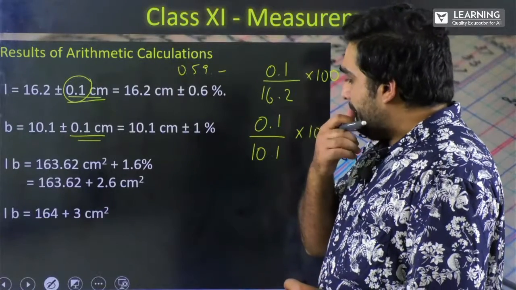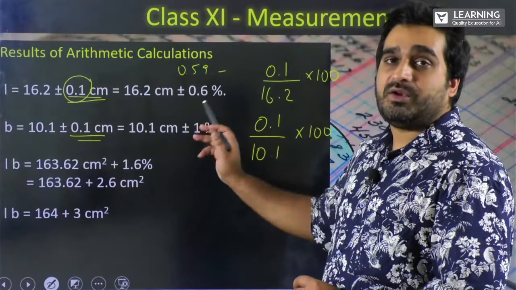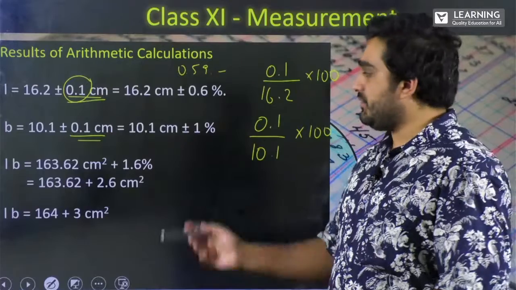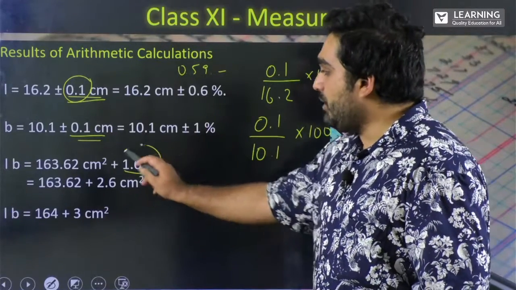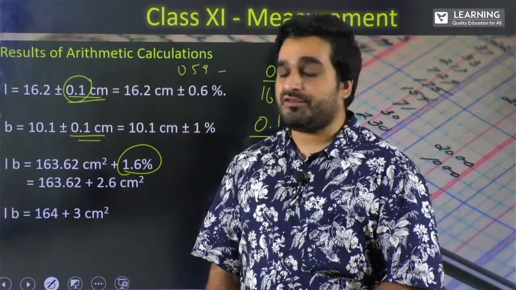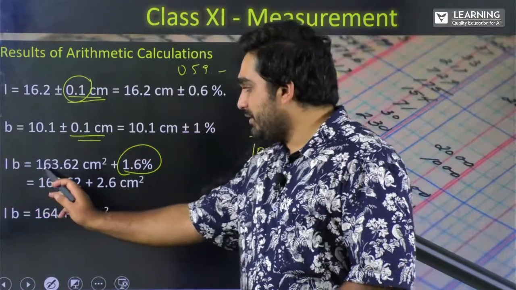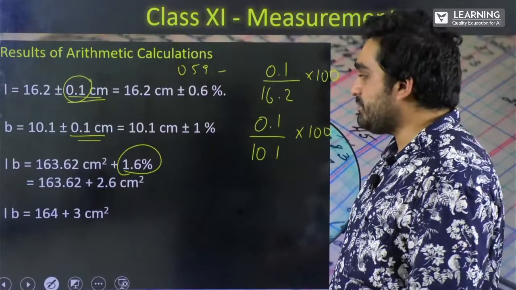Okay. Now that we have the percentage of error, we calculate the total error. How do we find the total error? Add the errors. 1 plus 0.6, which is 1.6% of error when it comes to the product of length and breadth. See, length times breadth, and you get this total error of 1.6%.